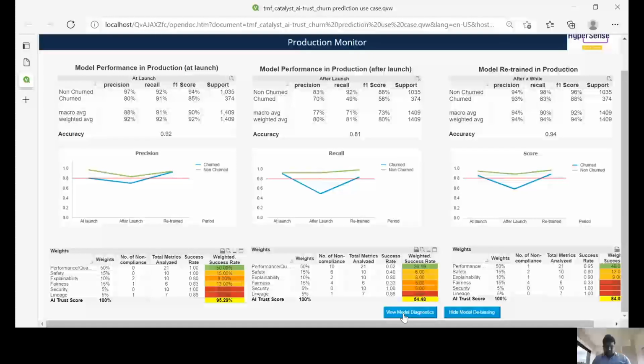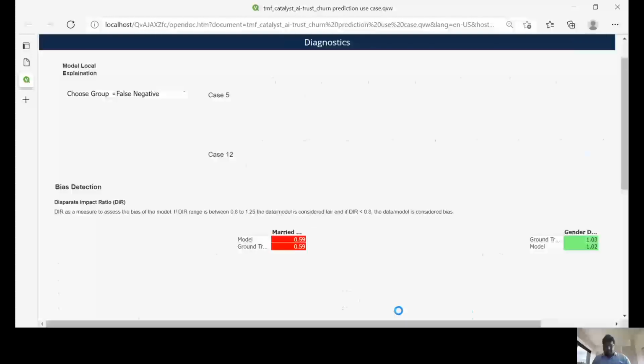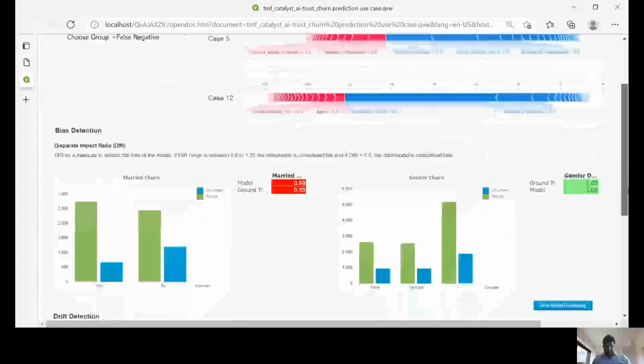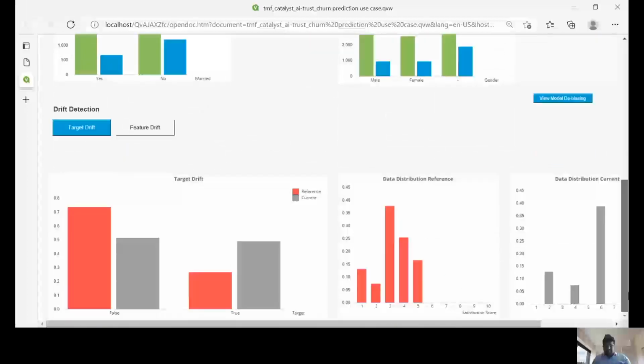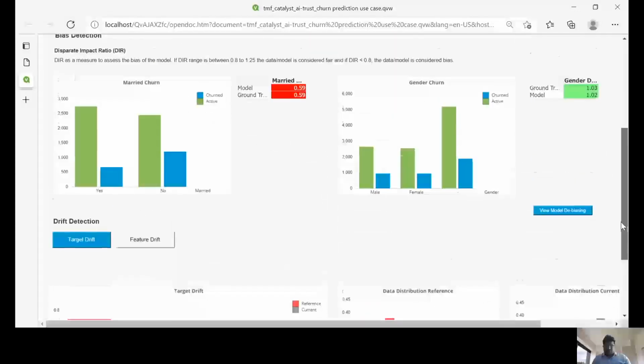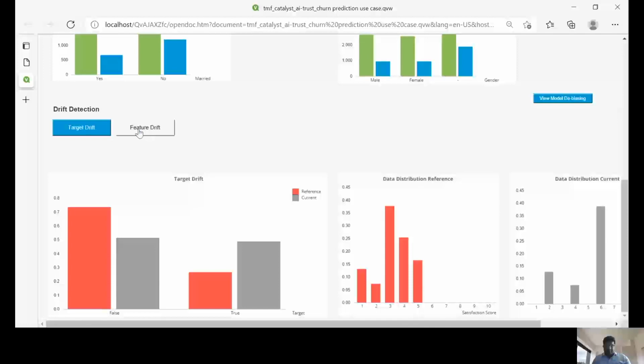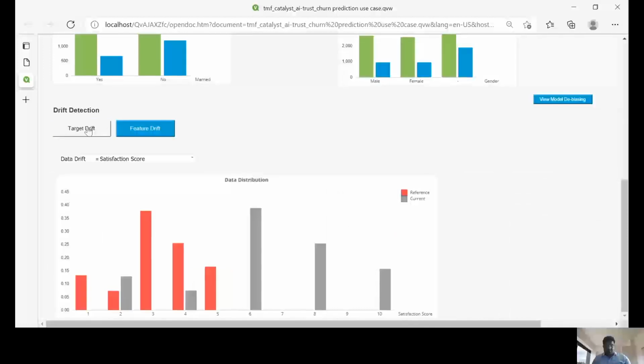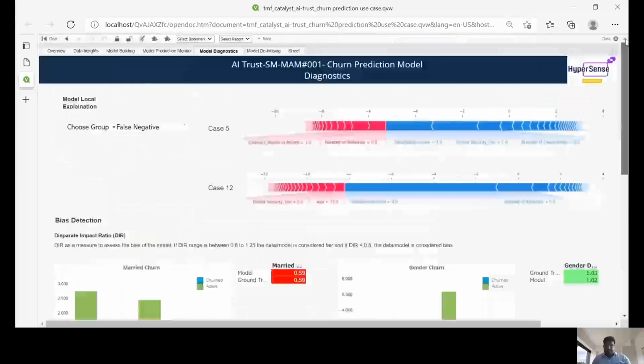So we can go back to the diagnostics, like the way we have seen it, and start analyzing that, and then identify what could be the potential issues where this has happened, right? So let's say there is a drift in how the satisfaction has been measured. In the last 3 months, there is a change in people's ratings on the satisfaction score, and that might be one of the reasons for that lower score.